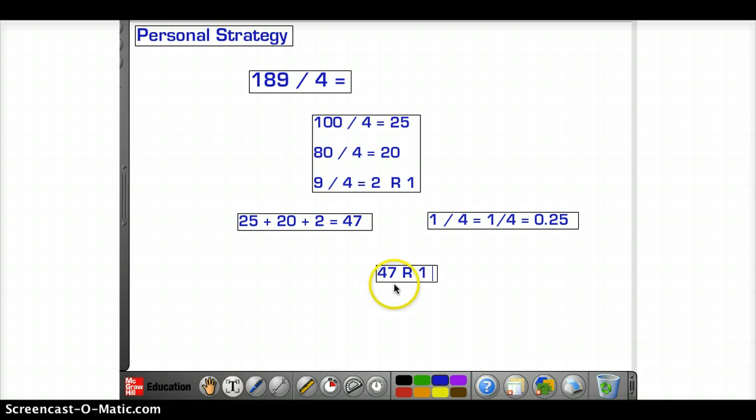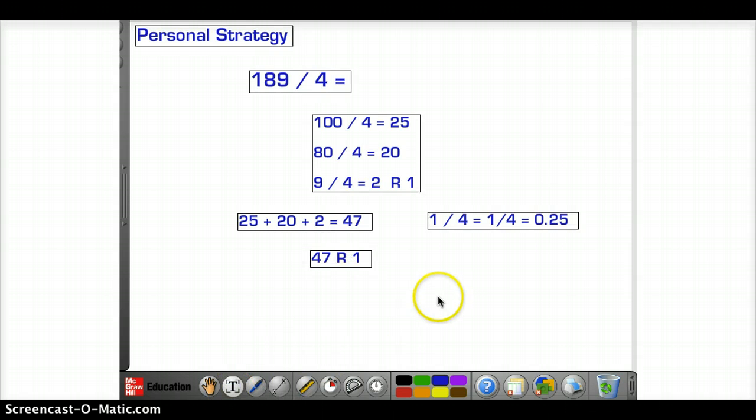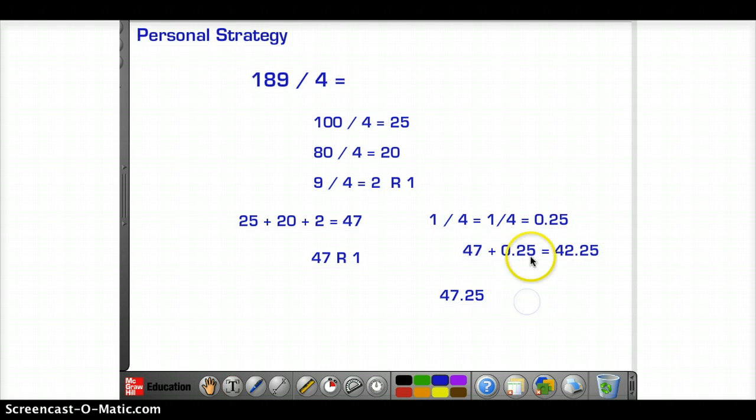We have 47 remainder 1, or 47.25 after we add the 47 and the quotient from dividing the remainder into 4, which was 0.25, and that will equal 47.25.